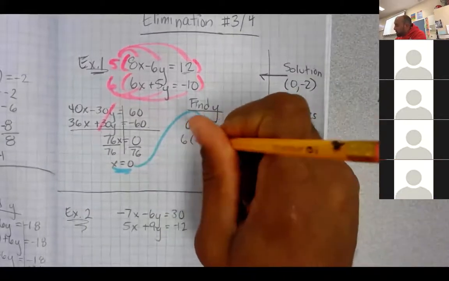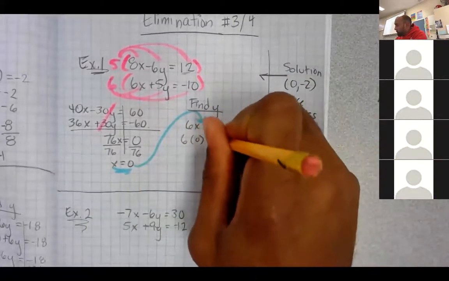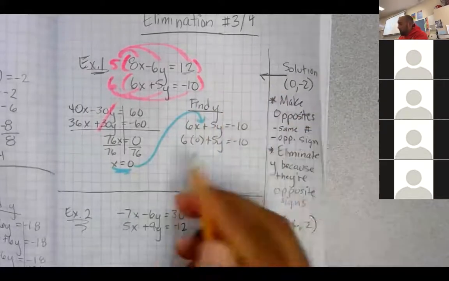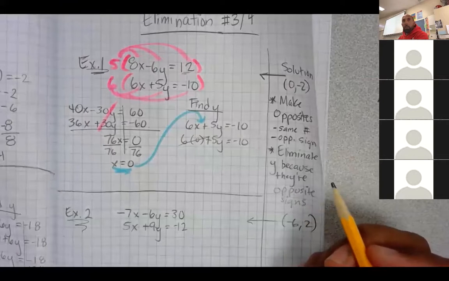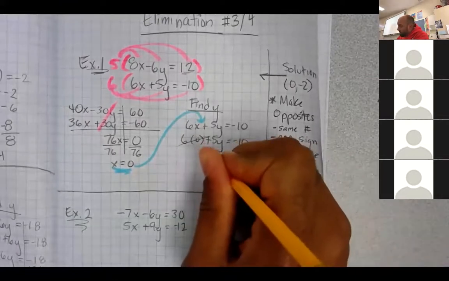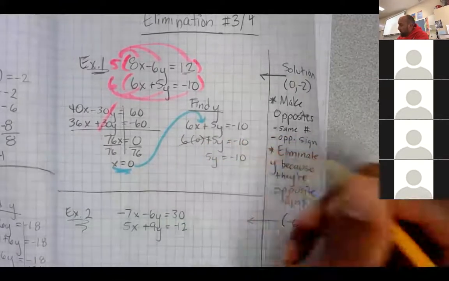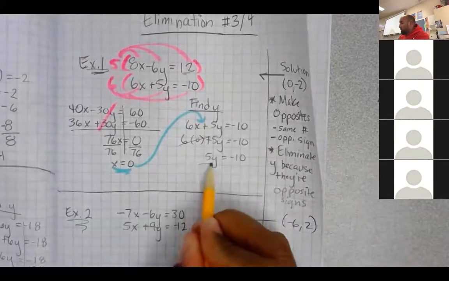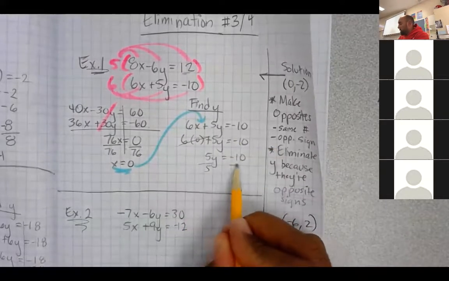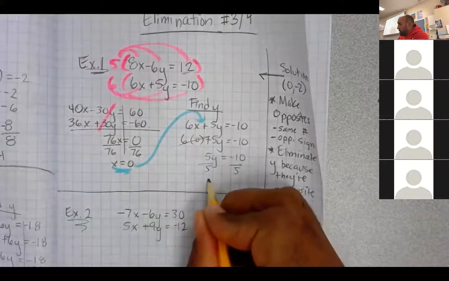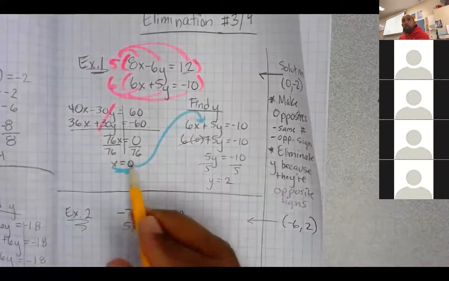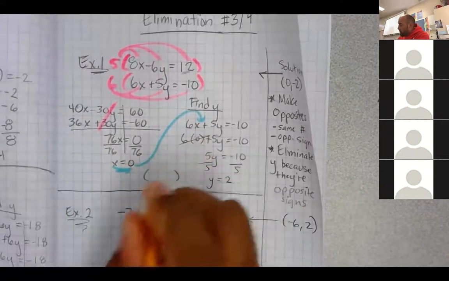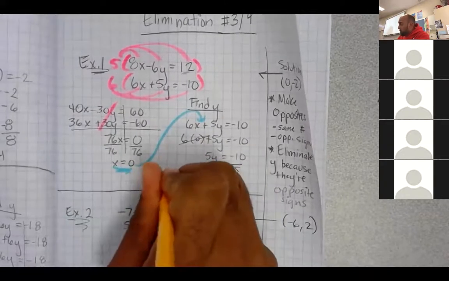So that'll pretty much just go away because it's 6 times 0. 6 times 0 is just 0. So I'll just cross that out. So now it's just 5y equals negative 10. Divide both sides by 5. And y equals 2. All right, so now I'm going to write parentheses 0, 2.